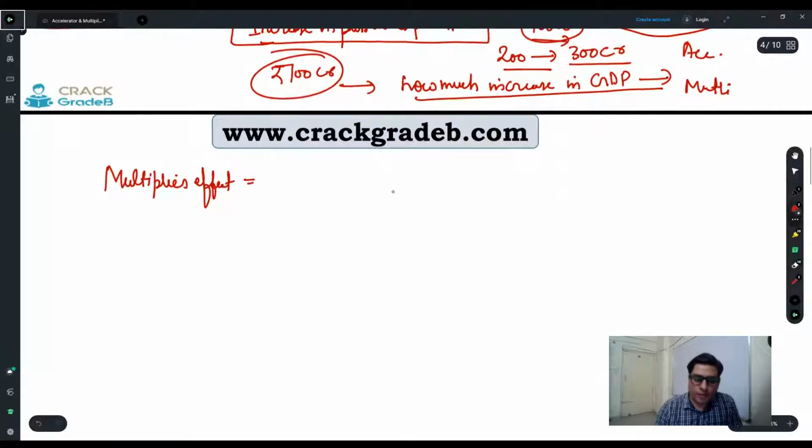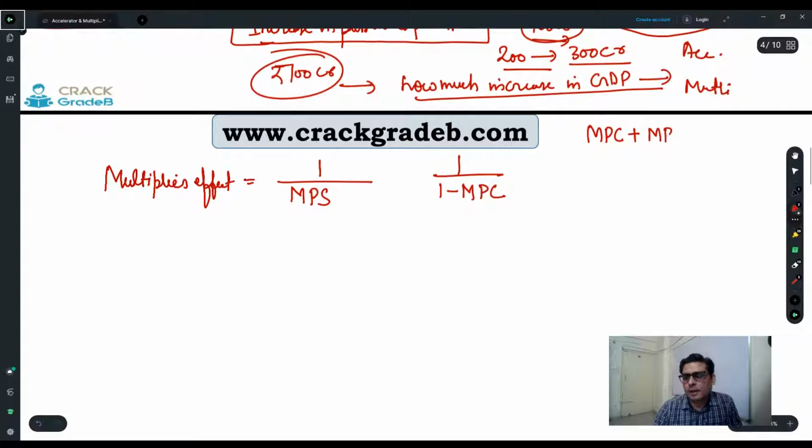We have a formula for the multiplier effect, that is 1 upon MPS. In some books it is written like 1 upon 1 minus MPC. I told you MPC plus MPS is equal to 1.